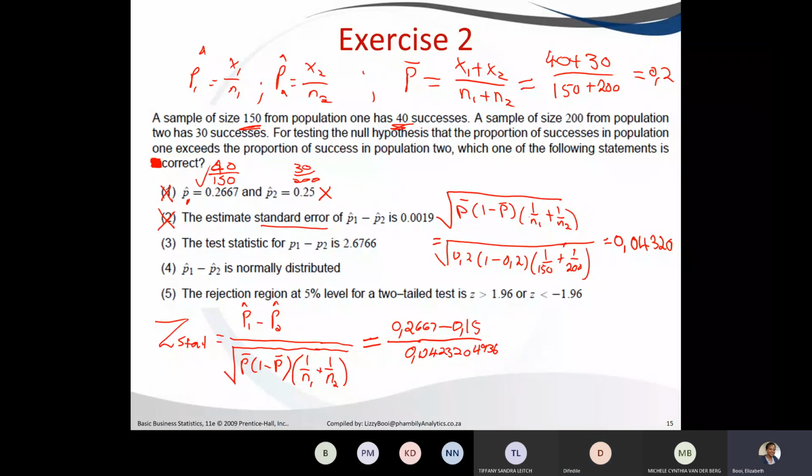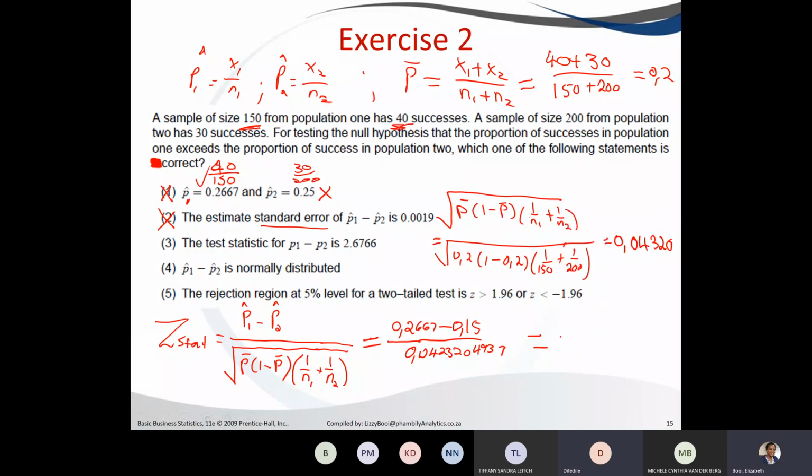Since now I have enough space, I can write all of them. If you calculate this, what do you get? I got 2.679 something.